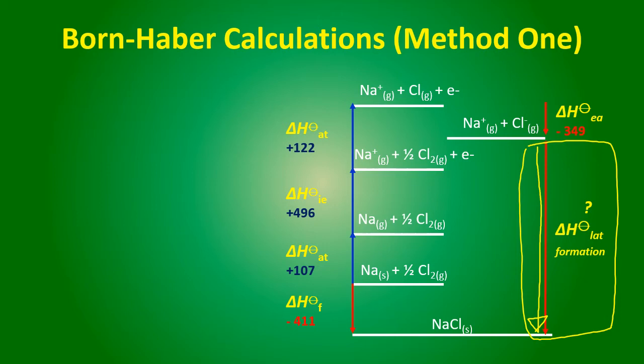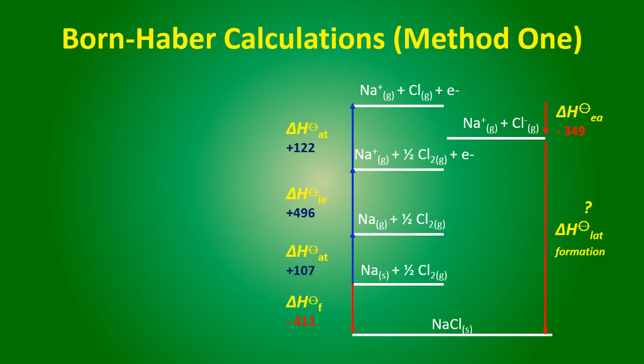So what they're saying is that we can think about this enthalpy change going from the ions to the solid lattice. It's going to be the same value as going from the ions back across and down, if that makes sense.